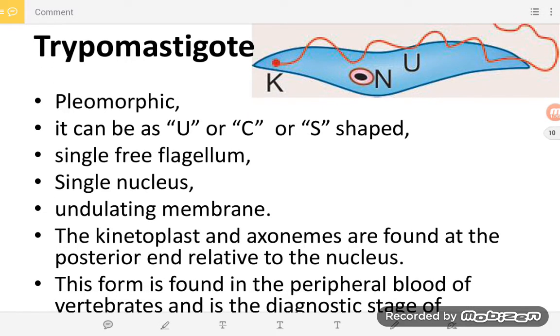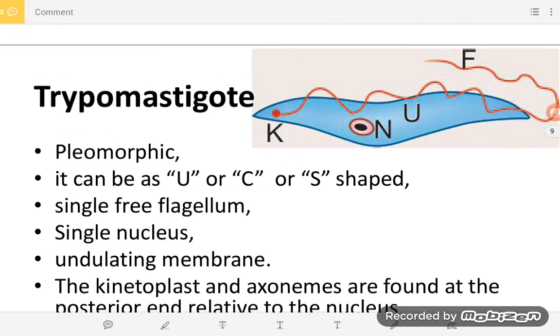So, the undulating membrane, we can see this undulating membrane arises at the kinetoplast. Here the kinetoplast is at the posterior end, right, behind the nucleus. So, anteriorly we can see the flagellum, posteriorly here we can see the kinetoplast.